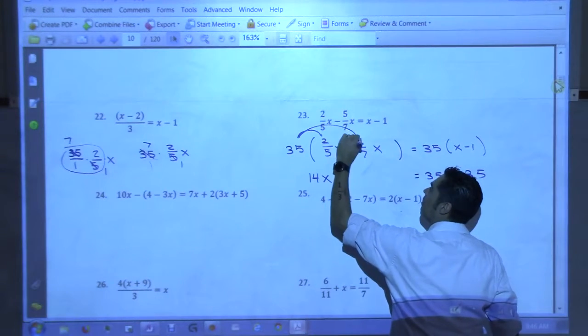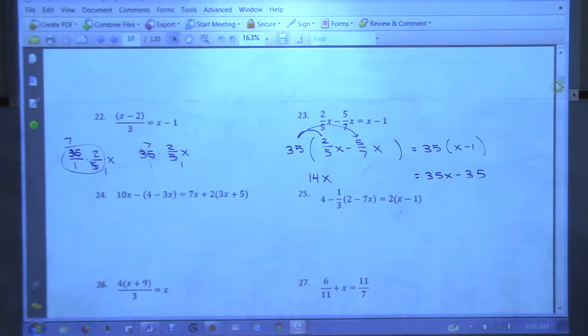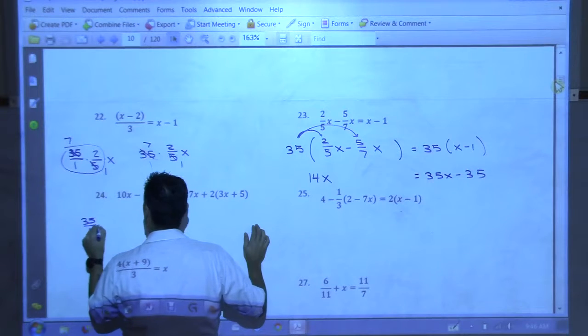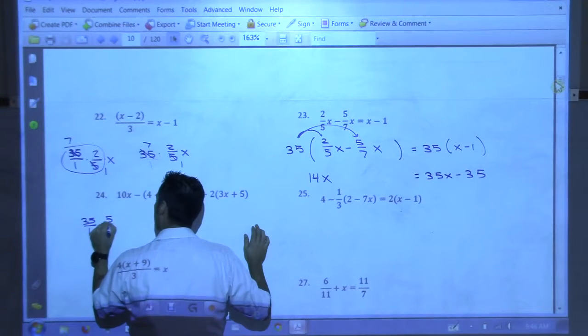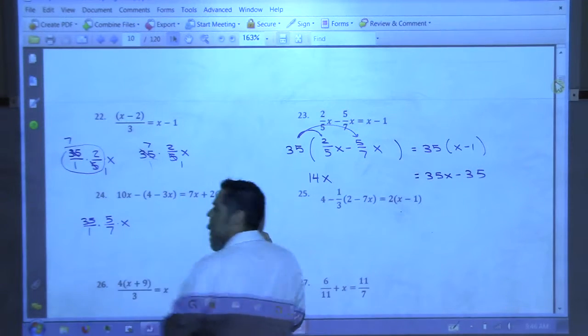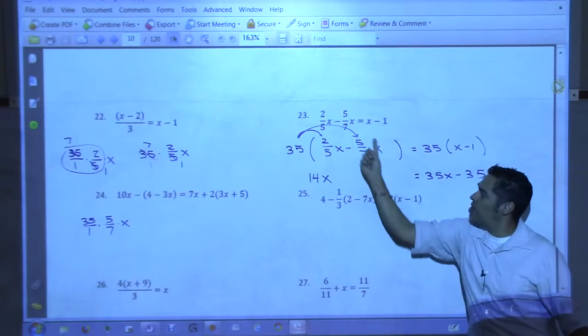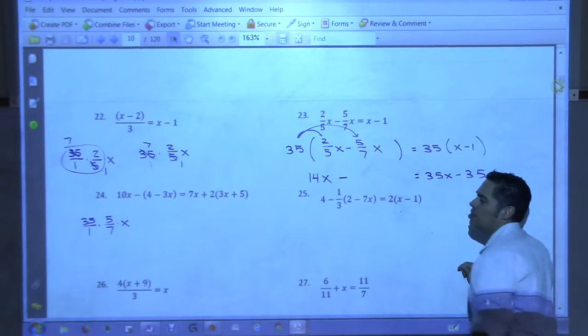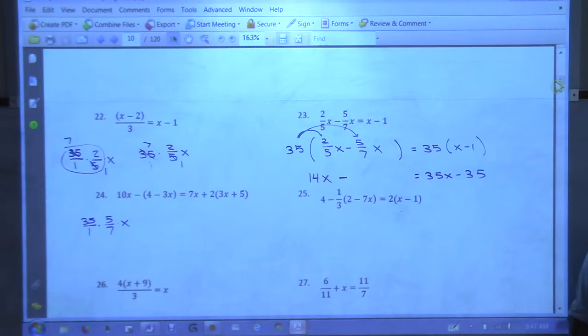Now, here to here, let's see if we can do that one. What's going to happen there? Same sort of thing, right? We have 35 over 1 times 5 over 7 times x. That's what that multiplication is. We'll have a minus sign between them, by the way. So what would that be?